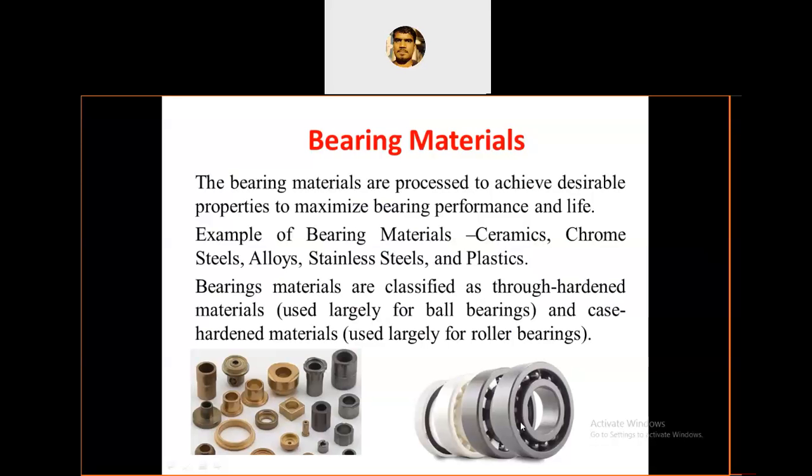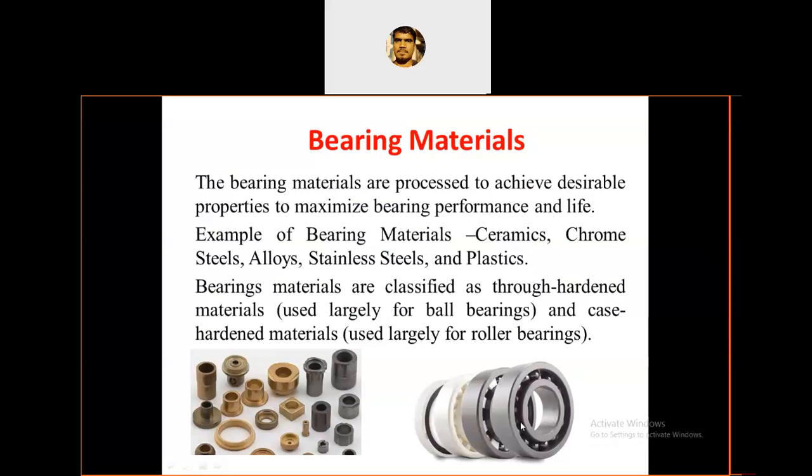Material means it is a substance or an object used for particular applications. Clear? So bearing materials means the material which is used for manufacturing of bearings. Again, the bearing material directly depends on the type of application and the type of requirements.